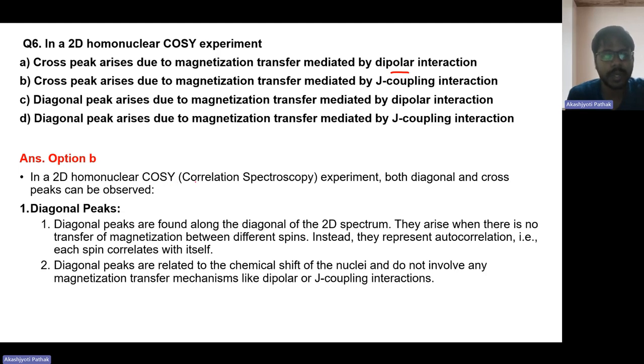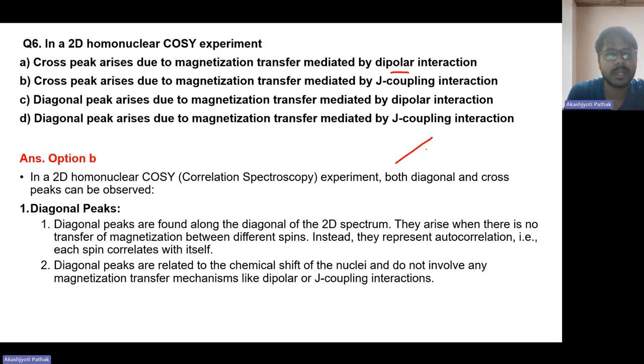Well, in a 2D homonuclear correlation spectroscopy experiment, both diagonal peaks and cross peaks are observed. Now, the diagonal peaks are found along the diagonal of the 2D spectrum. They arise when there is no transfer of magnetization between different spins. Instead, they represent autocorrelation, that is, each spin correlates with itself.